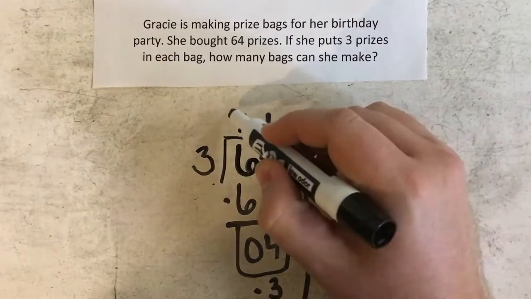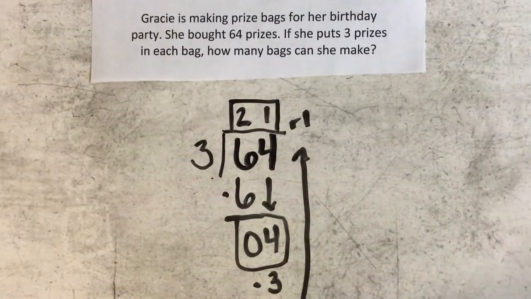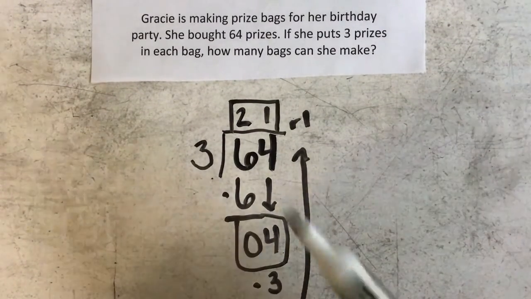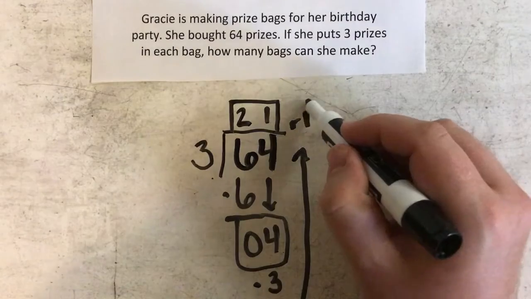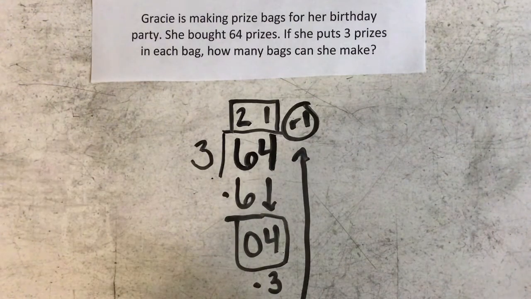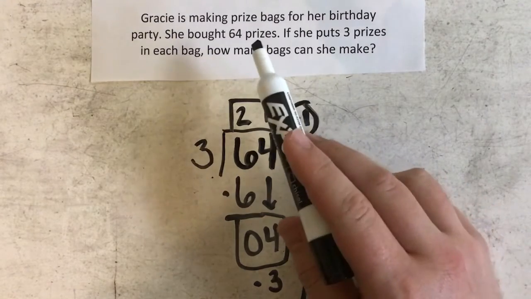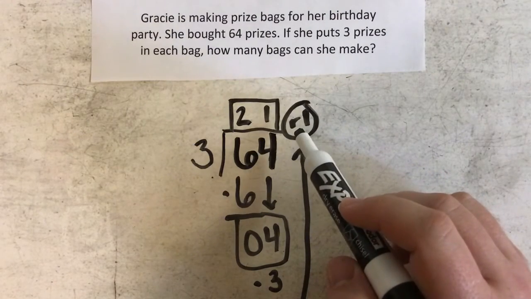Well, in this case, my whole number tells me the amount of whole bags that Gracie can make. In this case, 21. My remainder tells me how many prizes would be left over after she had made all the bags that she could. So the remainder 1 tells me that she would have 1 prize left over.